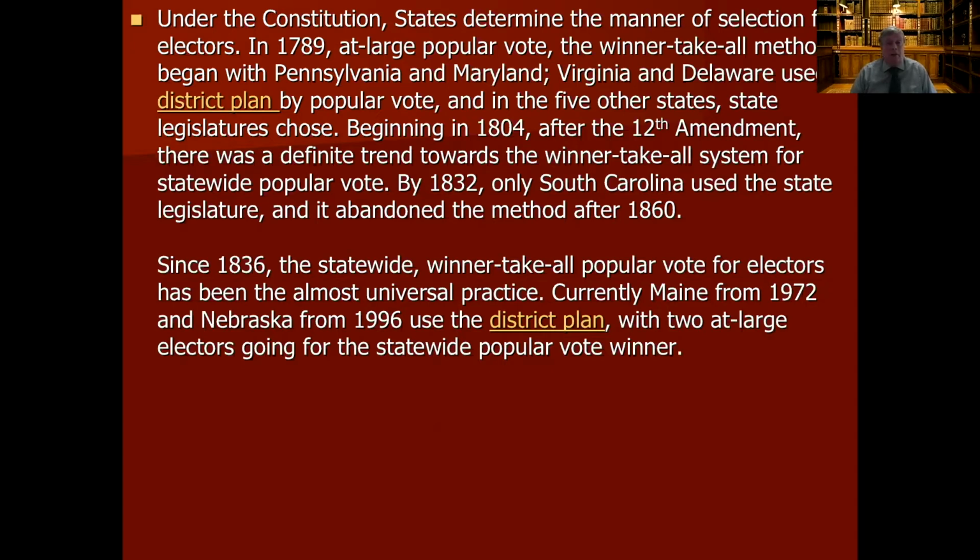Since 1836, the statewide winner-take-all popular vote for electors has been the almost universal practice. Currently, Maine since 1972 and Nebraska since 1996 use the district plan with 2 at-large electors going for the statewide popular vote winner. So you might ask, what is the district plan?